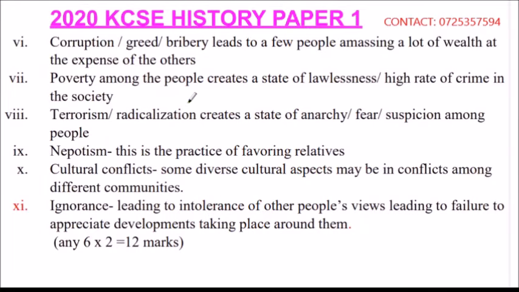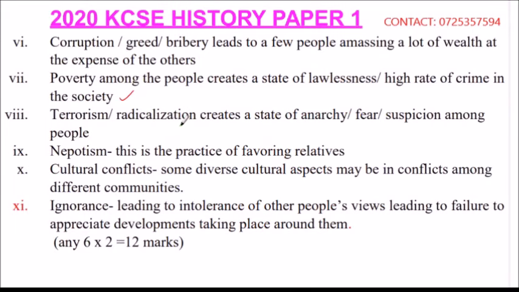Poverty among the people creates a state of lawlessness, a high rate of crime in society. So poverty is also another challenge, because people want to get resources, and due to poverty there could be lawlessness, there will be strikes and so forth. Crime goes high.